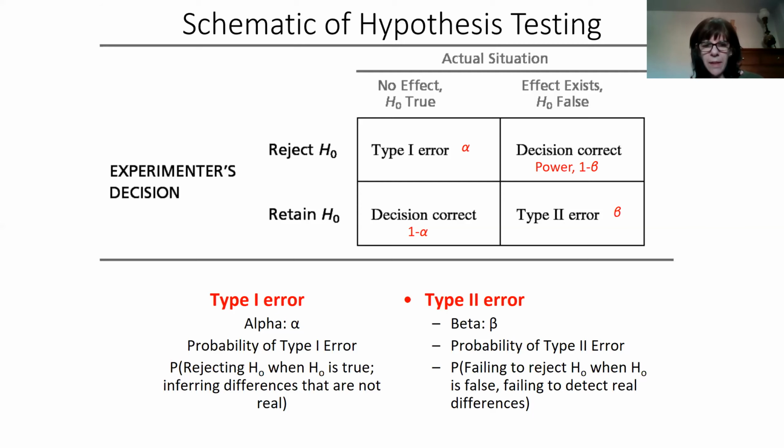In other words, you will claim that the null hypothesis is not true when it actually is, or infer differences that are not real. And this is considered a major error, particularly in experimental design, where you're generally making strong causal claims because you're saying, in effect, that some kind of treatment causes a difference in means between an experimental group and a control group, when in fact it doesn't.